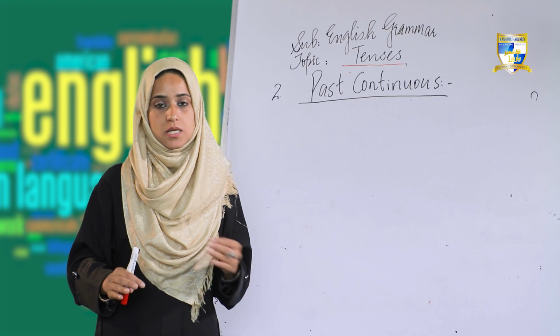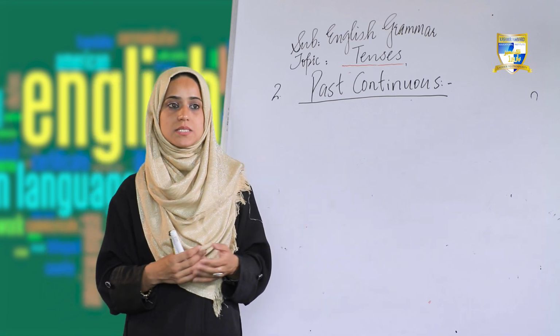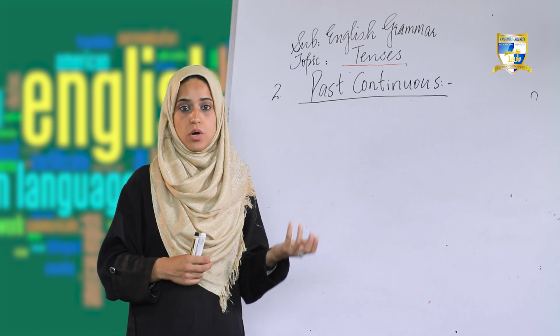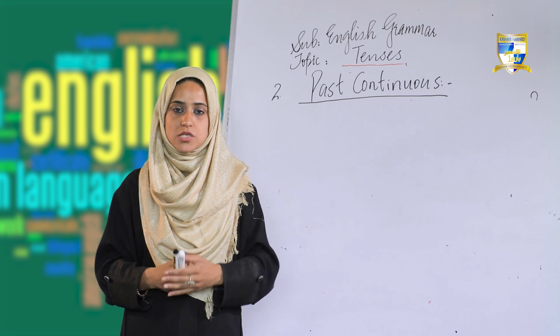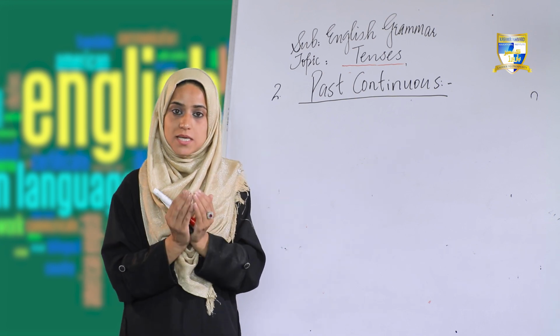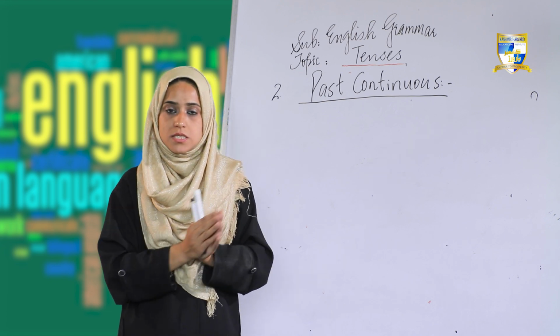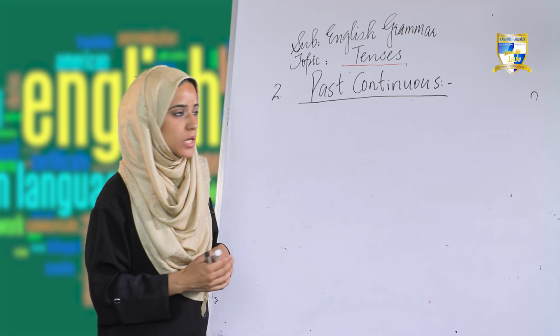It was not complete. For example, if I ask you, what were you doing last night? You will say, I was reading a book, I was watching television, it was getting darker. So, these are some of the actions that happened in the past, but the process of the action was in continuous form. It was not done, it was not finished, it was still going on.